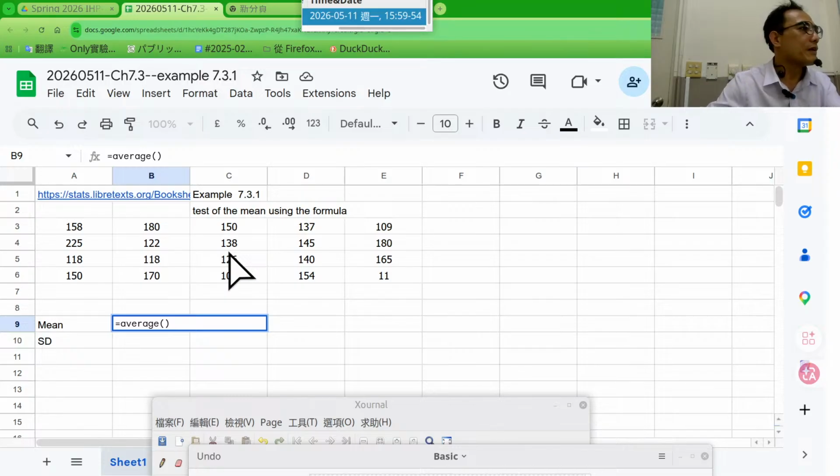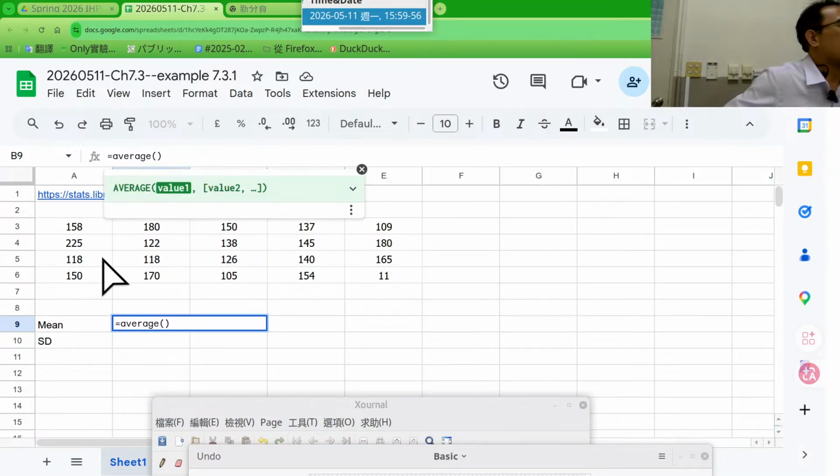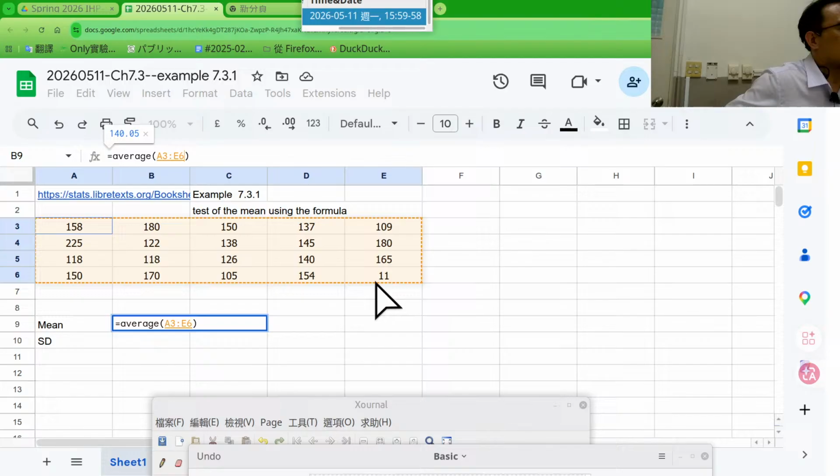And the numbers here. Sure, you can list them in a row or in a column, but now I select them together and press enter. We get a mean, we get an average.